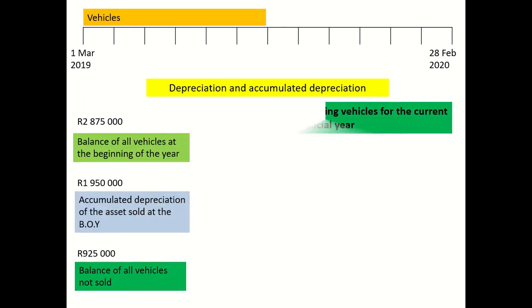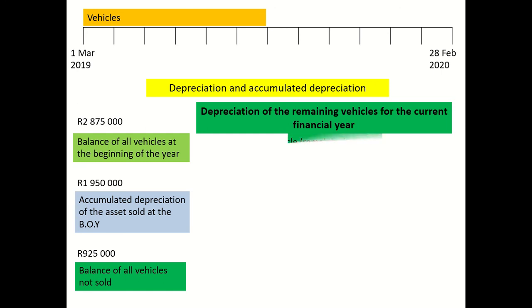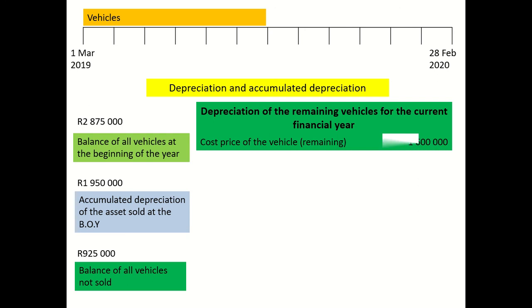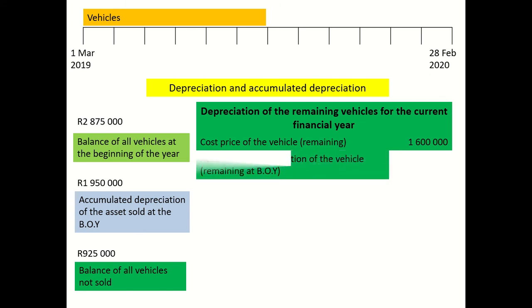Now for us to calculate depreciation of the remaining assets at the beginning of the year, we're going to take the cost price at the beginning of the year, and well, it doesn't really matter whether it's at the beginning of the year because the cost price of the remaining vehicles will always be the same. In this case, guys, we're going to have accumulated depreciation at the beginning of the year of the remaining assets, which is 925,000.